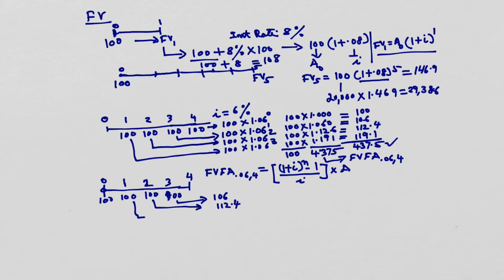Now here the amount will go for 3 years, and for 3 years this is the amount. So you have 119.1. Now this amount will grow for full 4 years. Therefore, this time the factor is 1.06 raised to 4.